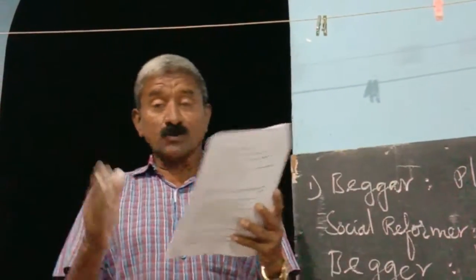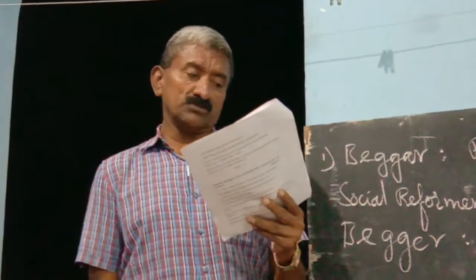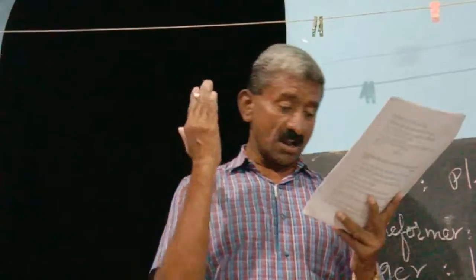Let's get into question number 40. Rearrange the following jumbled proverbs correctly. Now listen carefully. First one I'll read out. A. There is never a road without a turning. B. It was the last straw that broke the camel's back.